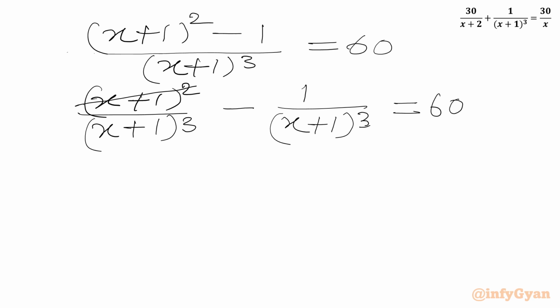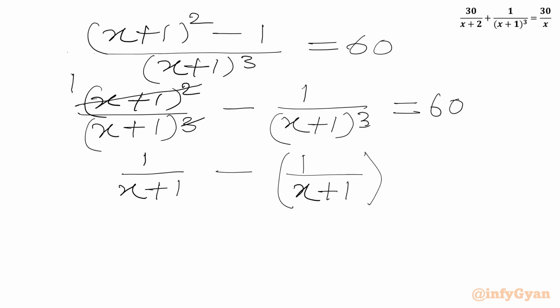Now we can cancel (x plus 1) whole square with this denominator exponent 3. Numerator will be 1. So I will write 1 over x plus 1 minus (1 over x plus 1) whole cube equal to 60.